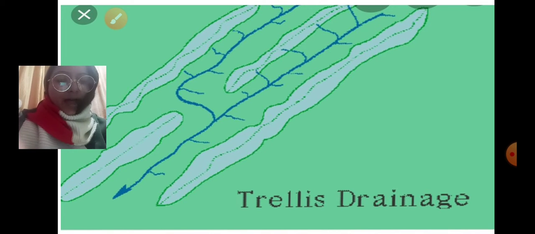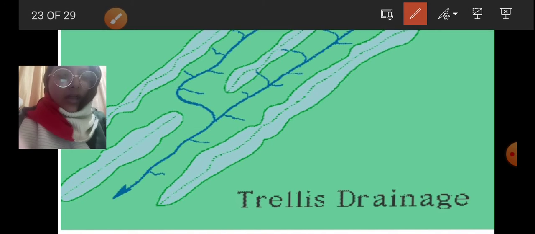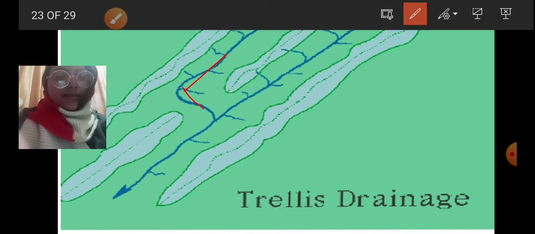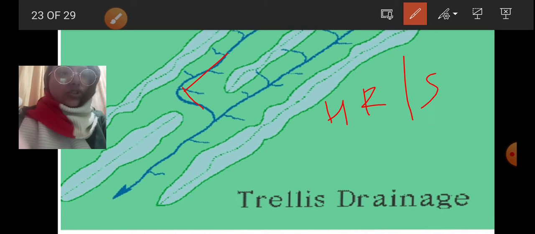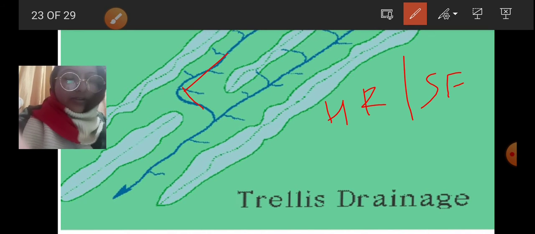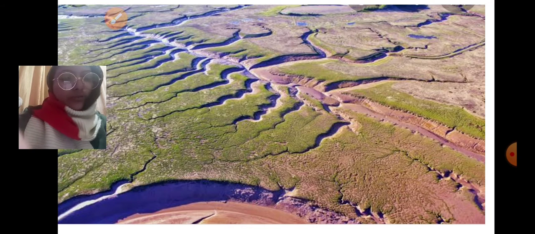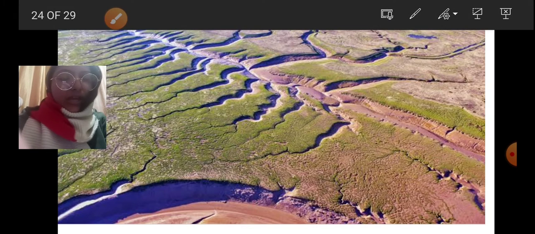Then third one, we have a trellised drainage pattern. Here the main river flows in a rectangular pattern, as you can see in the picture. This is seen in areas where there are alternating bands of hard rock and soft rock, forcing the rivers to flow along the bands of soft rock.